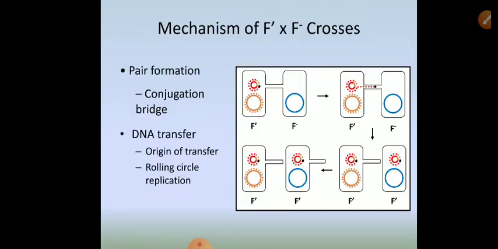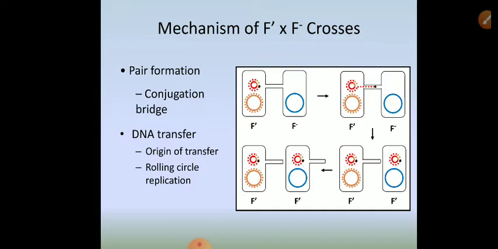Here the recipient cell has its own DNA plus some of the chromosomal genes of the donor DNA. Such cells are called partially diploid merozygotes or merodiploid cells. Why?